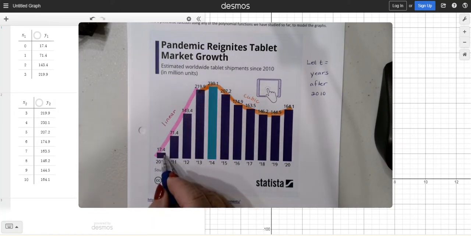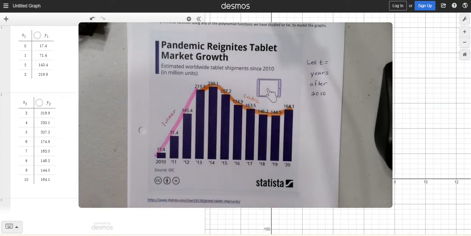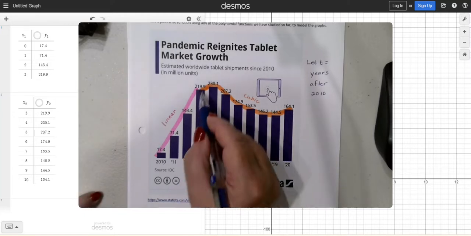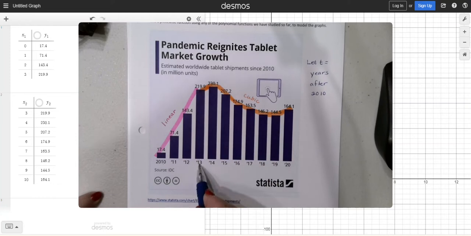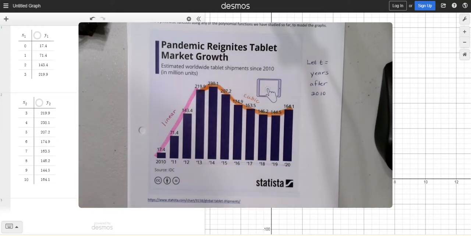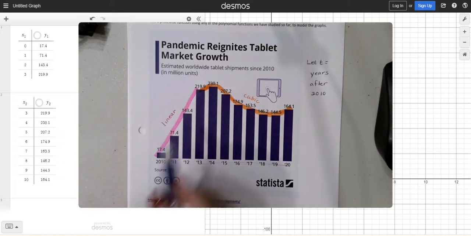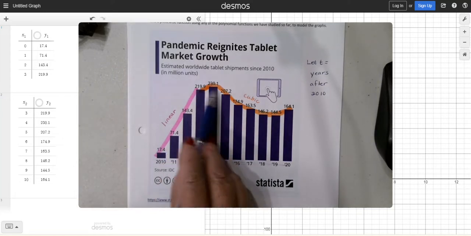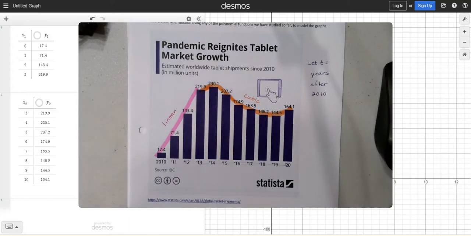And then I put my Y values in, starting with the 17.4 and so on for those first few years. And then you can see the second table there. I'm using the third year as the overlap year. So I've started with year 3 and then gone out through year 10. And I've entered all of the shipment values for those years in my table. So my first table is the one that I'm going to try and make a linear graph out of. The second one I'm going to try and make a cubic graph from.